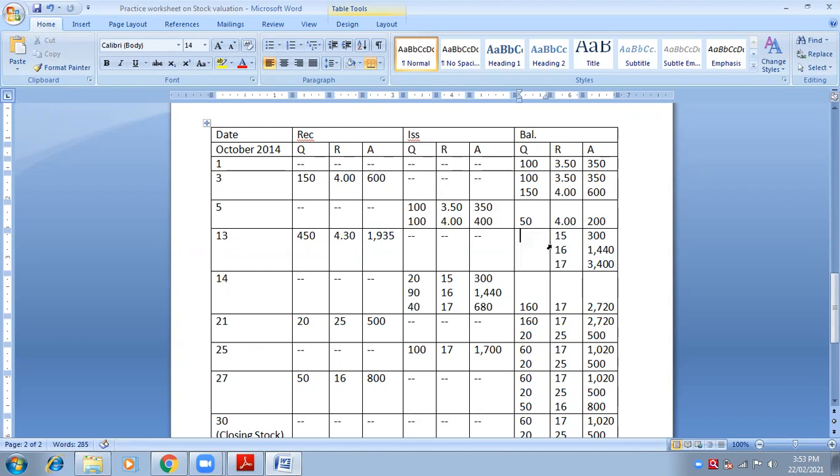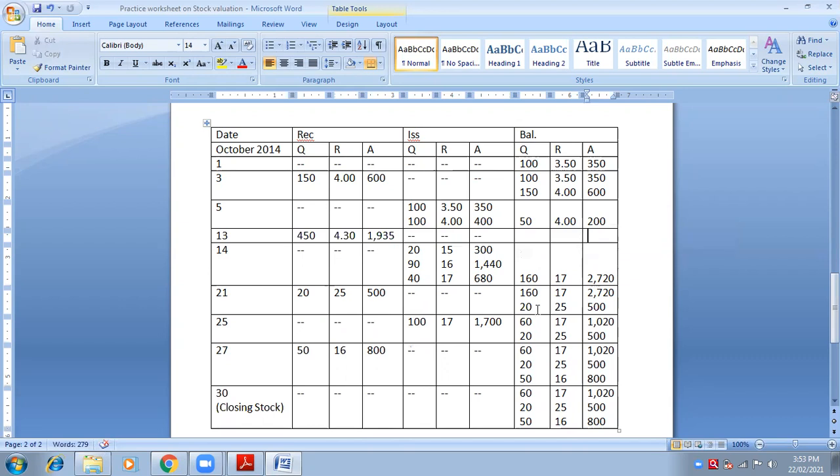How do I write the balance? Can somebody tell me how do I write the balance? Can I write directly 450, 1935? No, ma'am, because this is the FIFO method. So we need to bring down the first stock into the balance column. The first stock was of an earlier date. Go to the earlier date, 5th date. How much was there in your hand? 50.